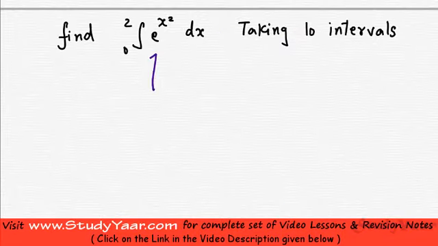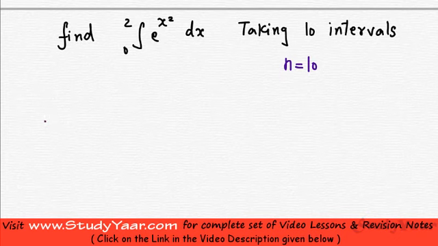Now we want to find out the integration of e raised to power x square dx from x is equal to 0 to x is equal to 2. We are supposed to take 10 intervals to find out the value of this integration. So essentially it is given to us that n is equal to 10. So how are you going to proceed? It's very simple. Just create a table.